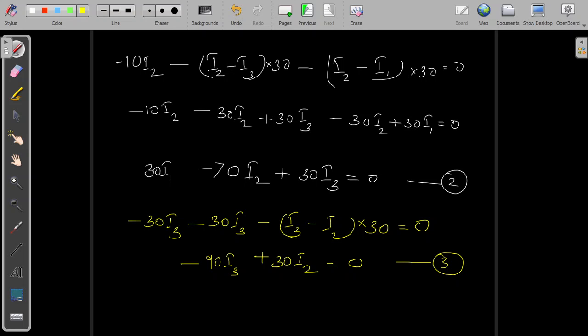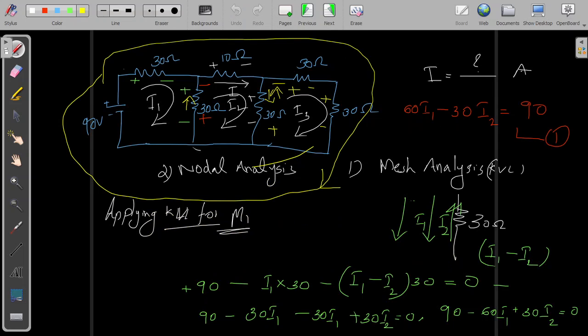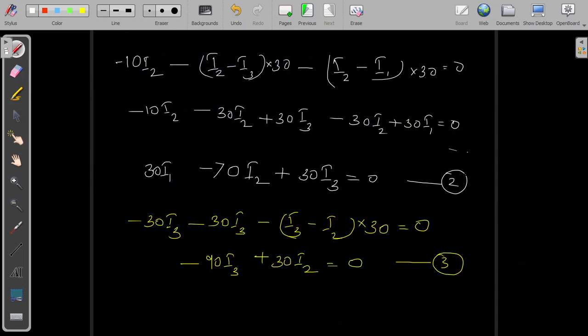Now you solve equation 1, this equation, and you consider this equation and this equation.